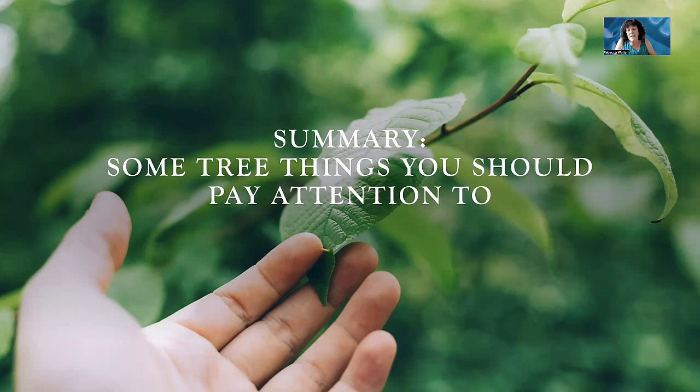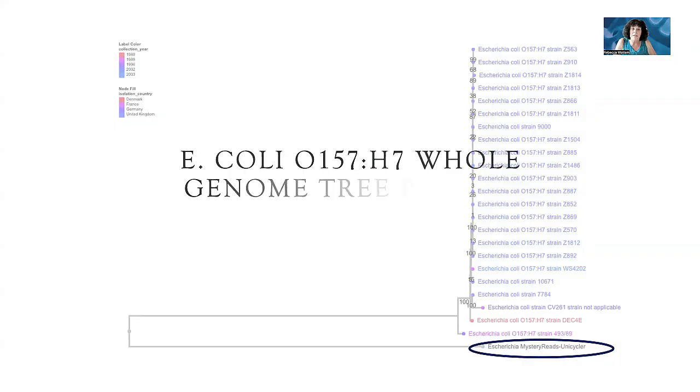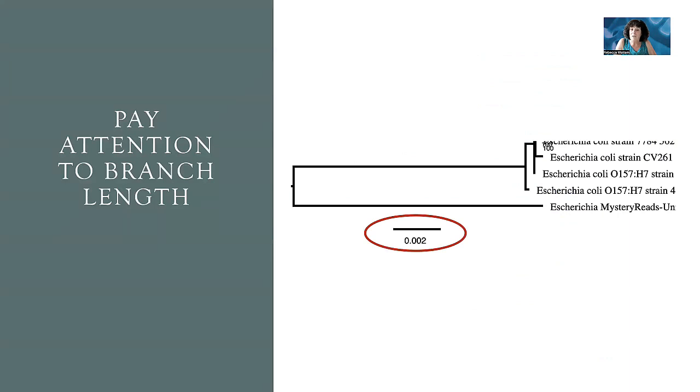There are some things I think you should pay attention to when you're looking at the trees. And this was that 0157H7 whole genome tree that was pre-2011. And you notice that our mystery was way down at the bottom, way out of there. So one thing you should pay attention to is the branch length.